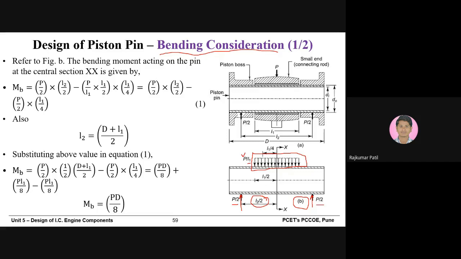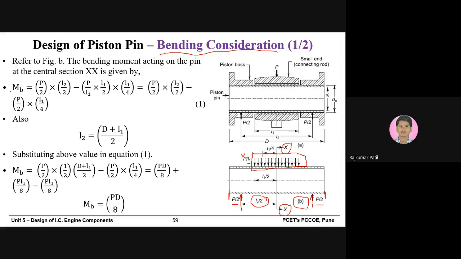In order to calculate the bending moment, we will consider a section XX. Either you can start from the left end or from the right end, but here we will start with the left end.